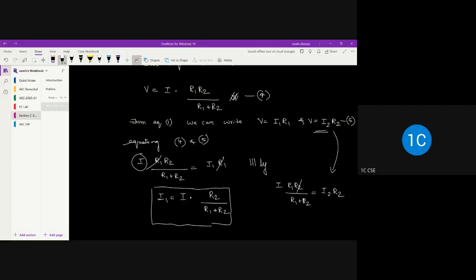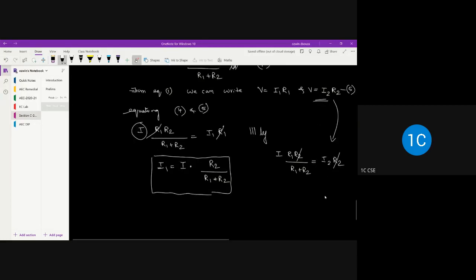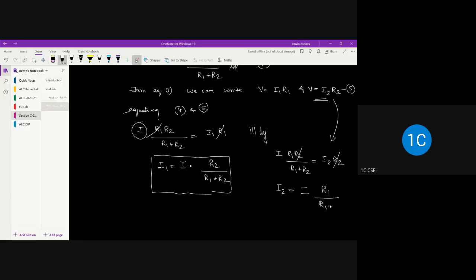So R2 and R2 you can cancel out, and you're left with I2 is equal to, again, main current I into resistance of the opposite branch divided by sum of the resistances.